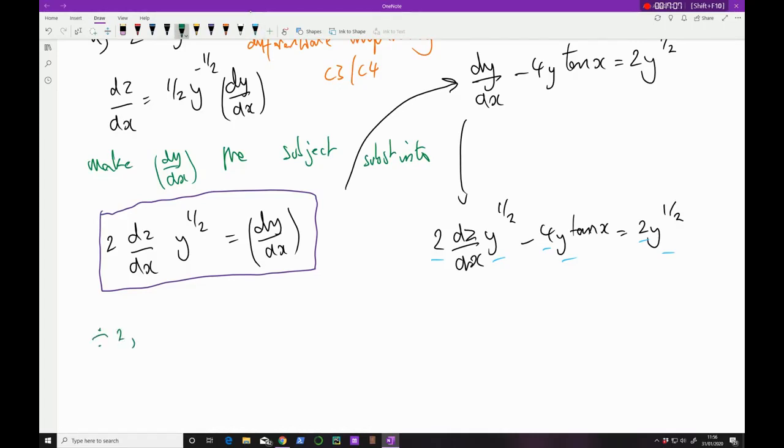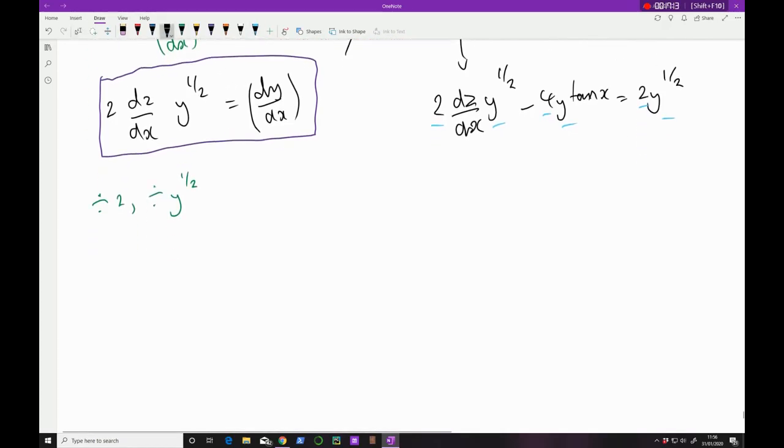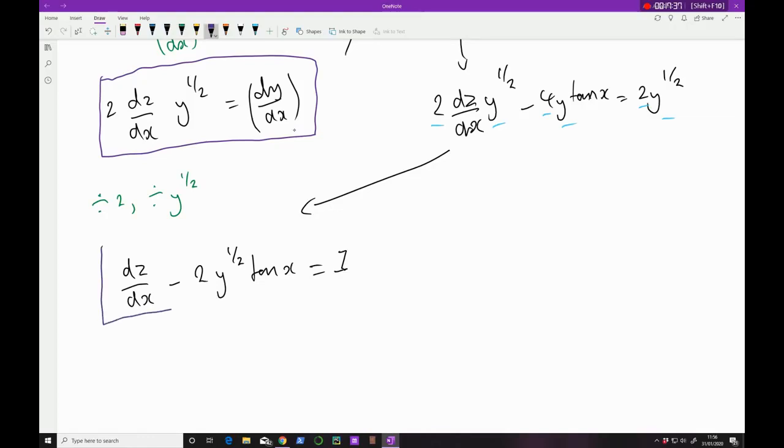I am left with dz dx minus 2 y to the power of a half tan x equals 1. And this is the story so far.